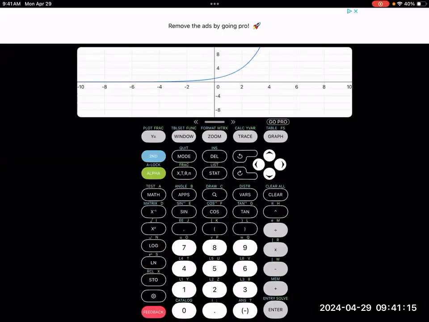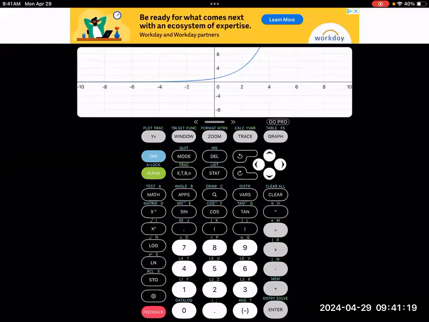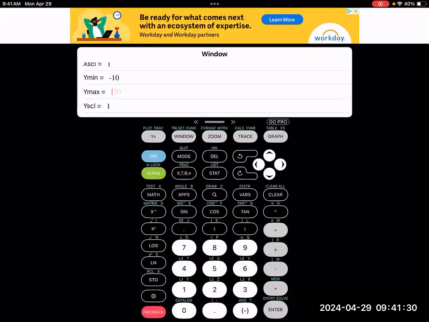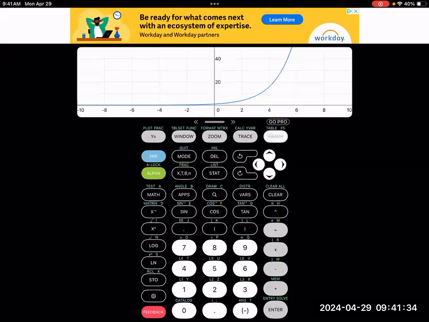And if we're trying to do 2 to the 6, notice that 6 is over here to the right. So let's go ahead and expand a little bit upwards for your y max. Now we already know your answer, but let's try and go to 50, see how that looks.